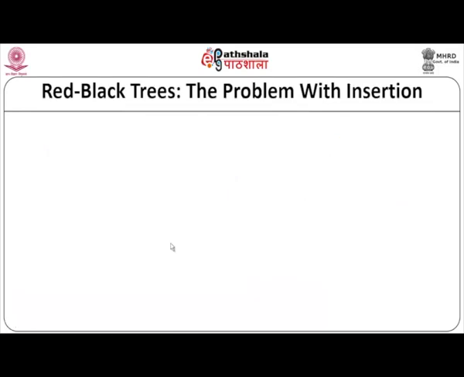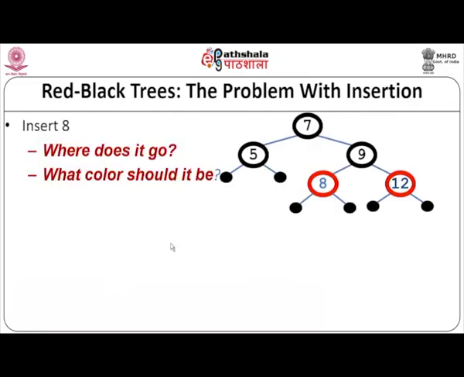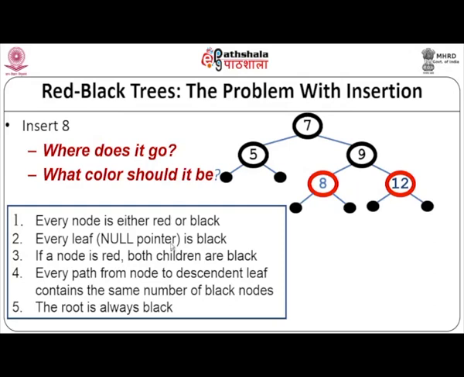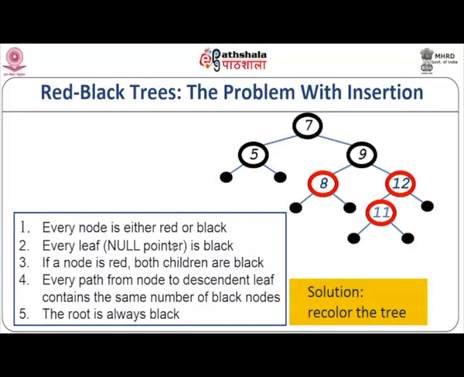So, it will go here. What color should it be is the next question. Remember, this does not violate the property because its children are black, its parent is also black.